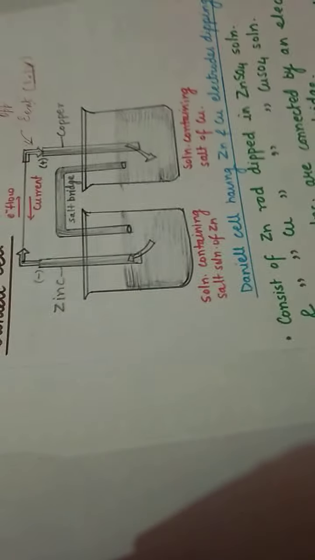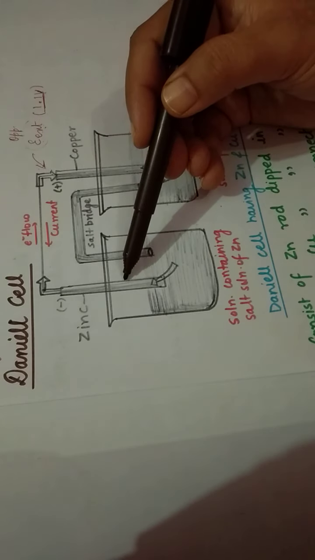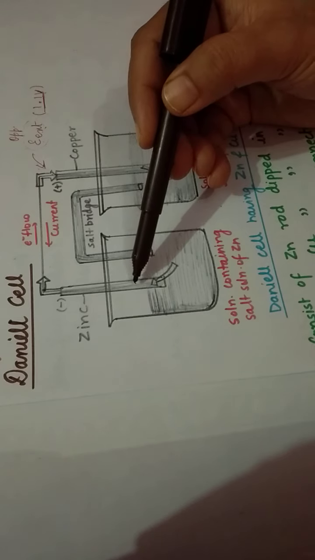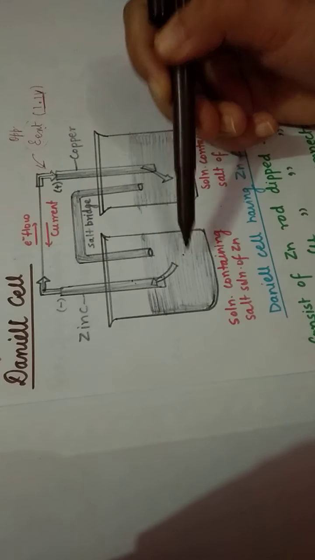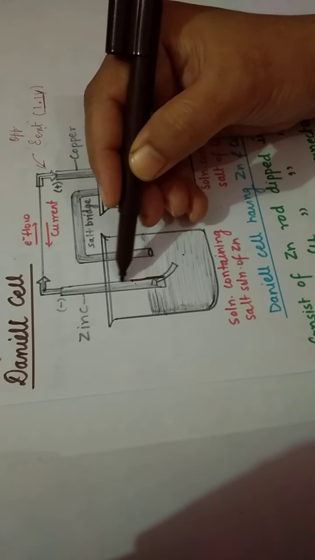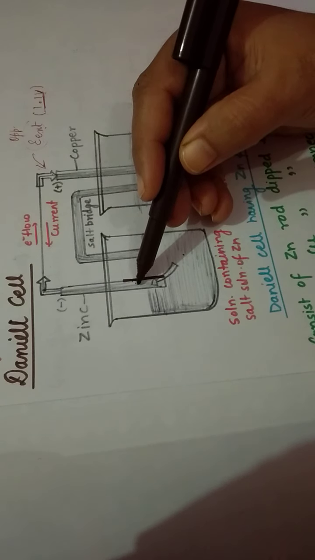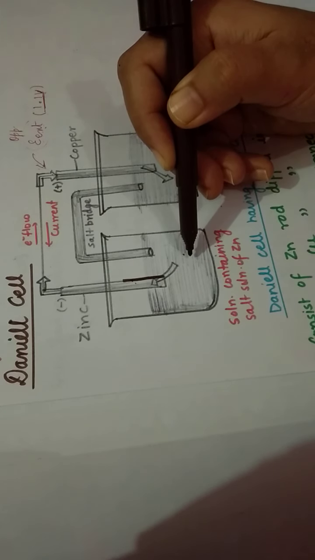If you look at this figure, which we have already discussed, this is of the Daniell cell, then you can see at each electrode and electrolyte interface, this is the interface of the electrode and the electrolyte.